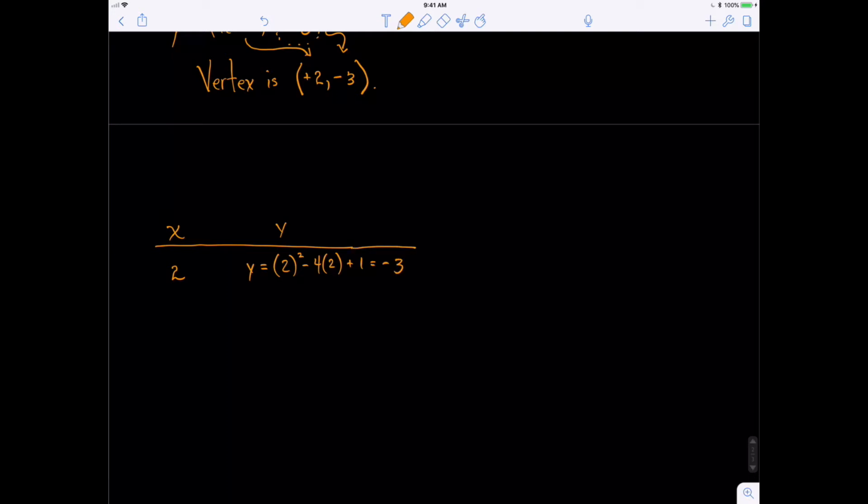Now we know that the vertex is either the highest or lowest point. So the entire parabola just begins at the vertex and then moves outward. The next point to the left is 1, and the next point to the right is 3. Then the next point to the left is 0, and the next point to the right is 4.